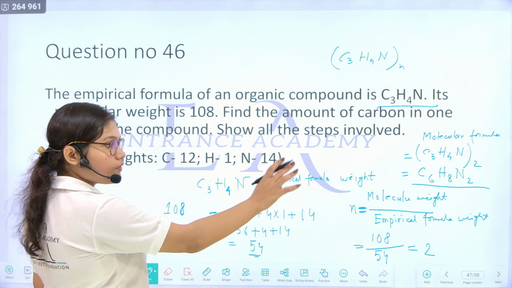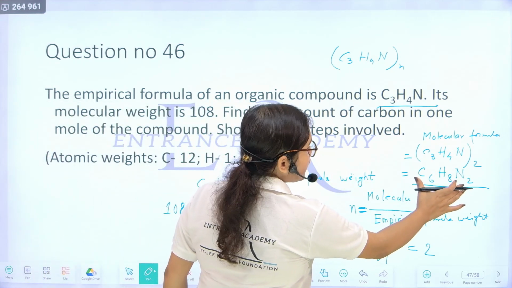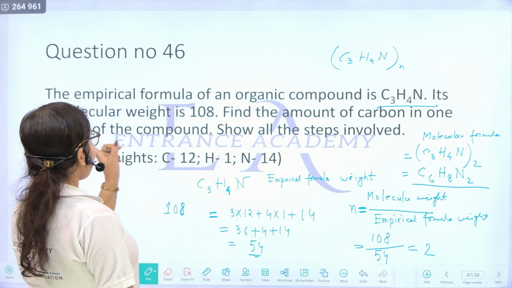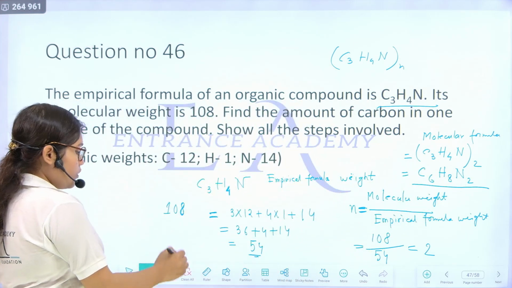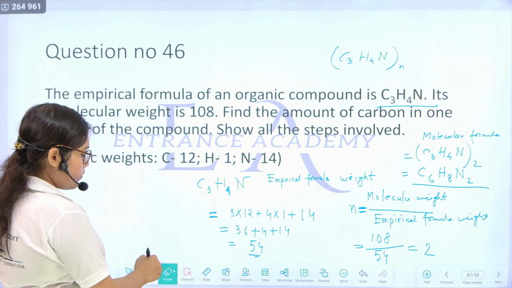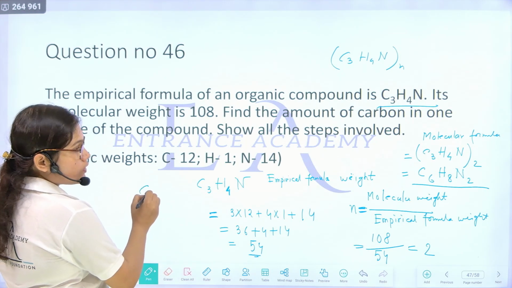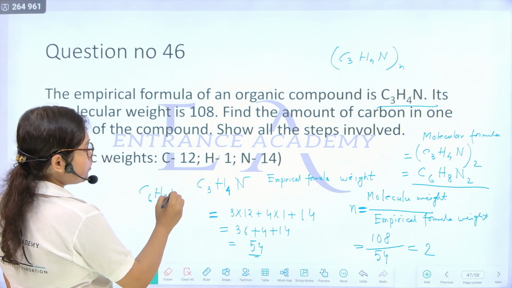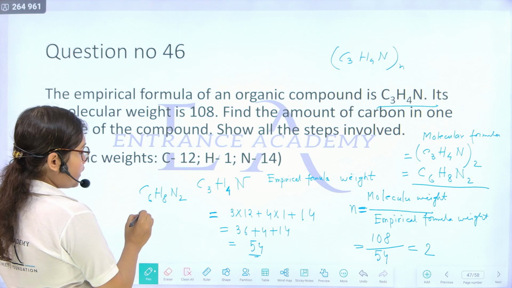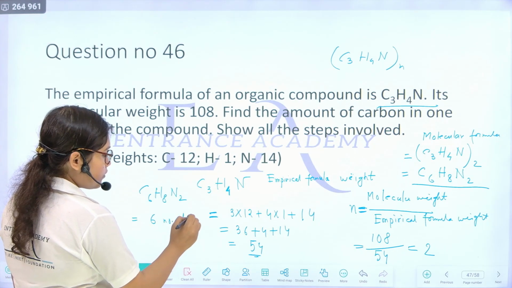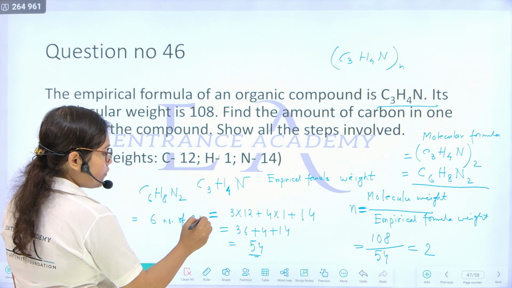The formula of this compound is C6H8N2. In 1 mole, there are 6 carbon atoms.